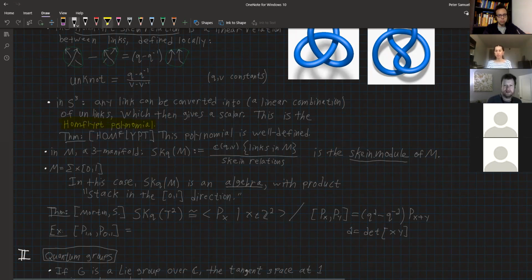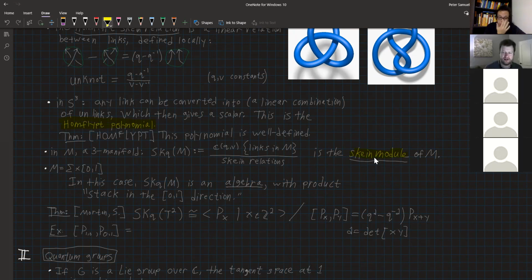So that's a vector space over the base field, I suppose. So you take formal linear combinations of links in this three manifold and you divide by the same Skein relations. So this is like a generalization of this Homfley polynomial to other manifolds, but it's only defined in a formal way. So this vector space for other manifolds is usually big.